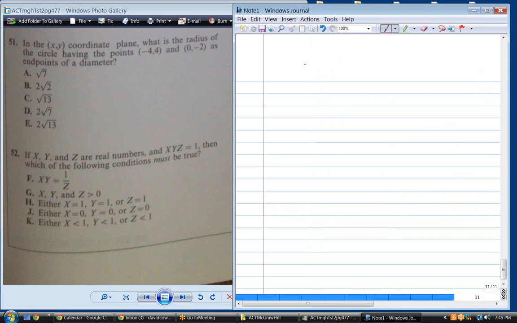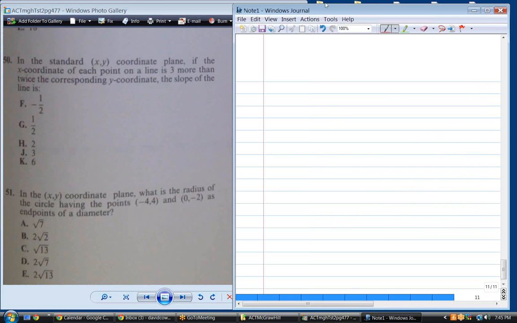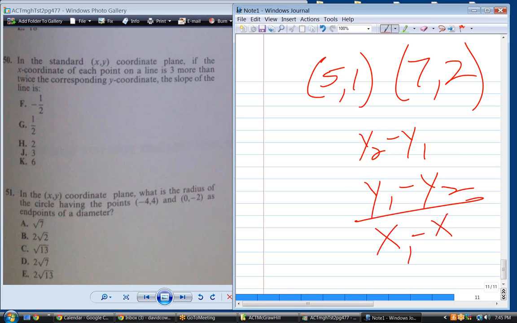And just, let's go back a moment. We had 2 points that were 5, 1 and 7, 2. It doesn't have to be y sub 2 minus y sub 1. It can be y sub 1 minus y sub 2 as long as you go in the same direction in the denominator.